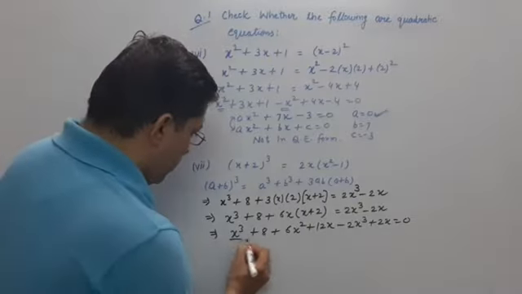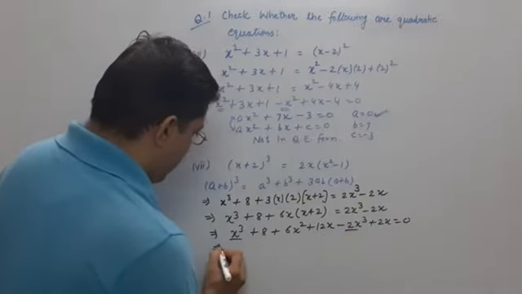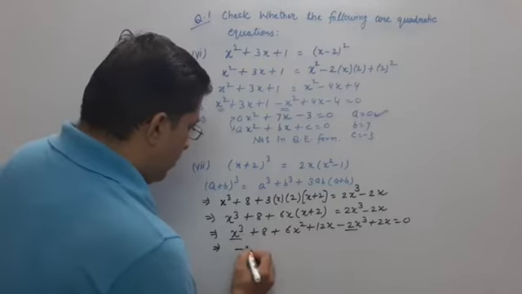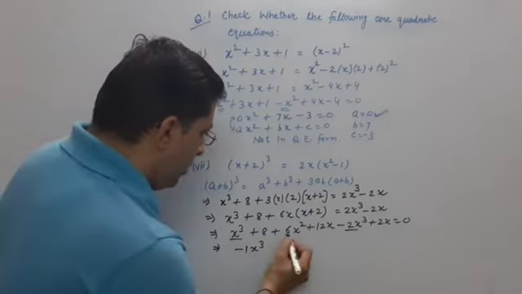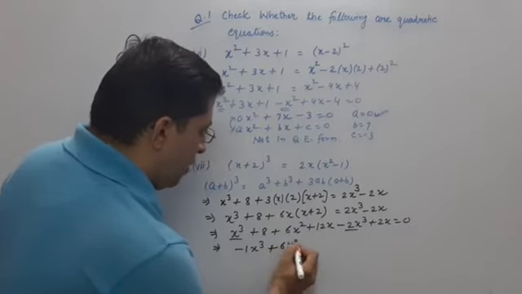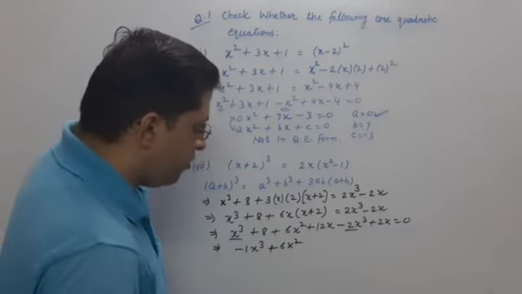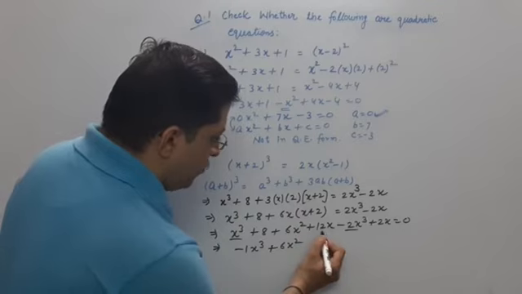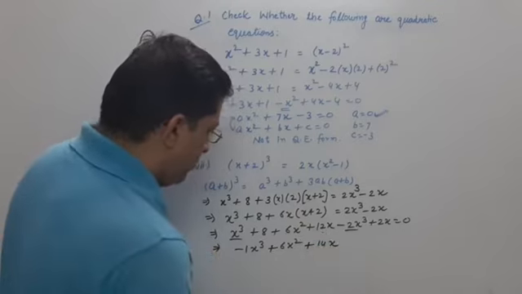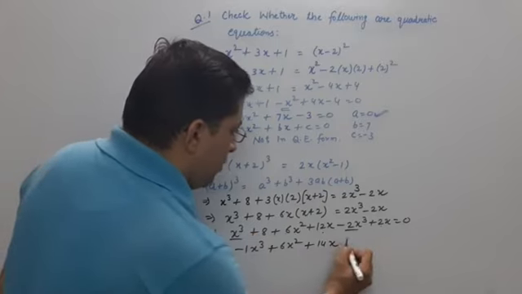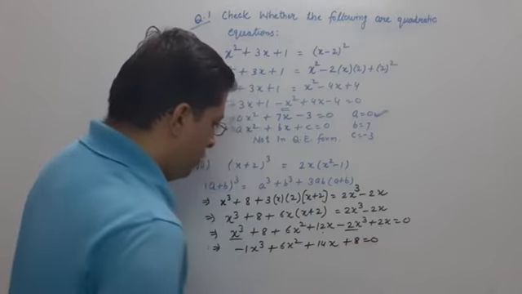Okay, now see this and this. This is minus 1x cube. What is the square term here? Plus 6x square, check it. X term 12x plus 2x, this is plus 14x. Then plus 8 is equal to 0.